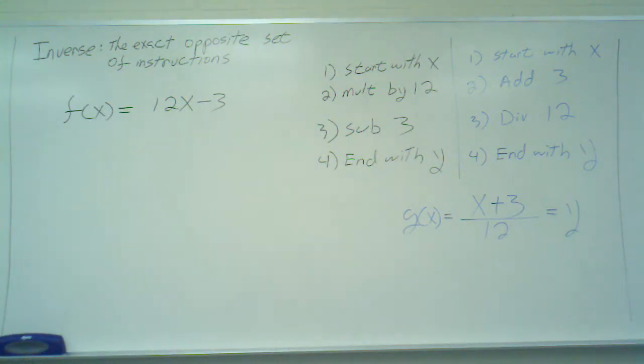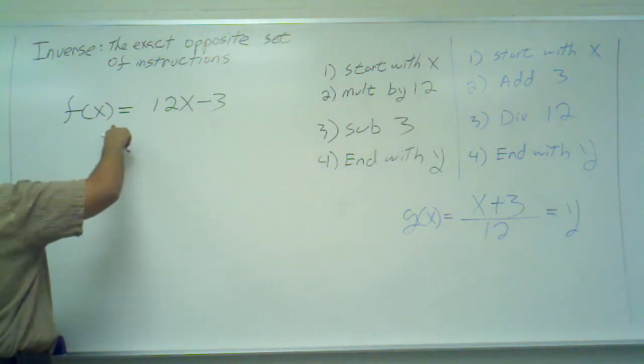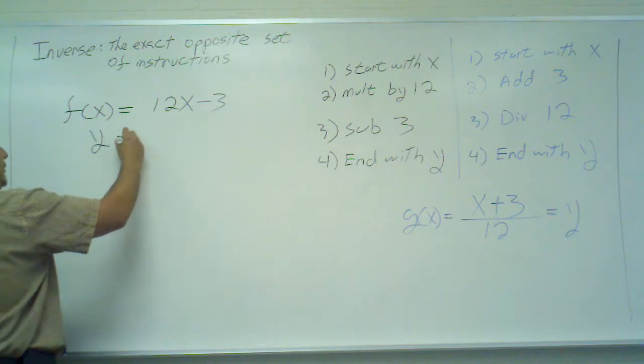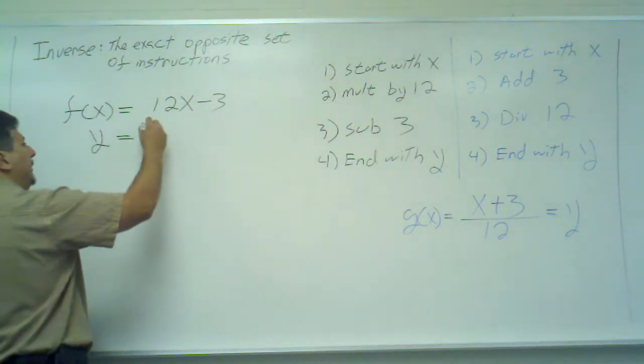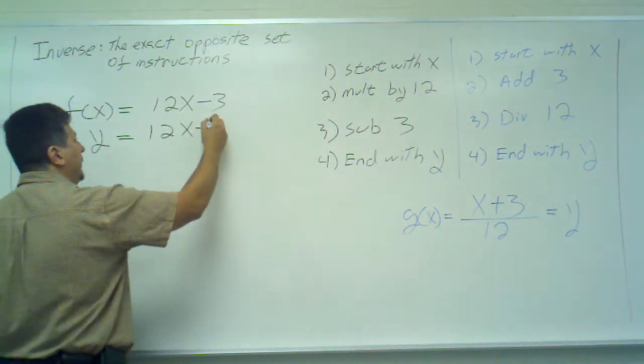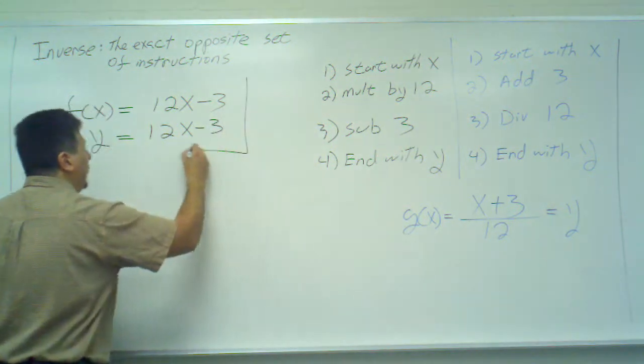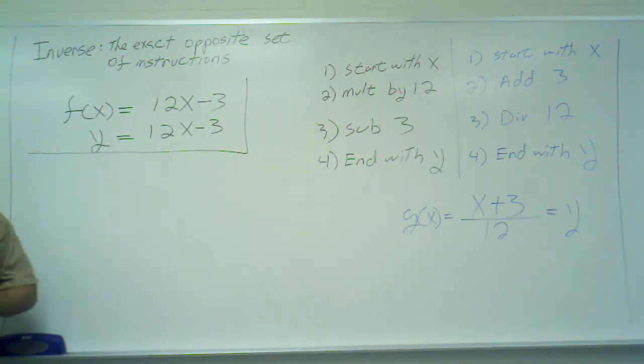Next thing I'm going to do, I'm going to do the same procedure with mathematics, the mechanics. Step 1, I'm going to rewrite this function just with standard notation. So I'm taking it out of function notation and writing it in standard notation. So I really haven't done anything to it. I'm now going to give you the inverse function.